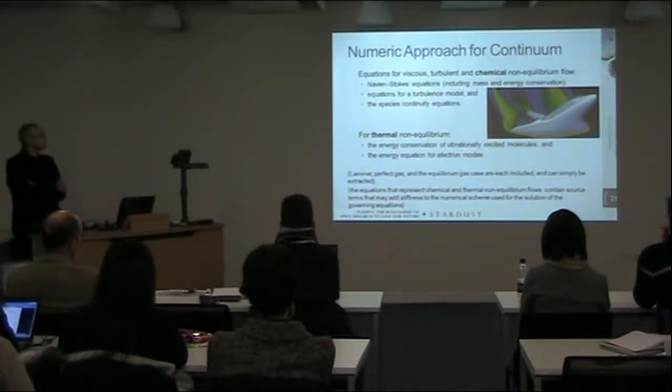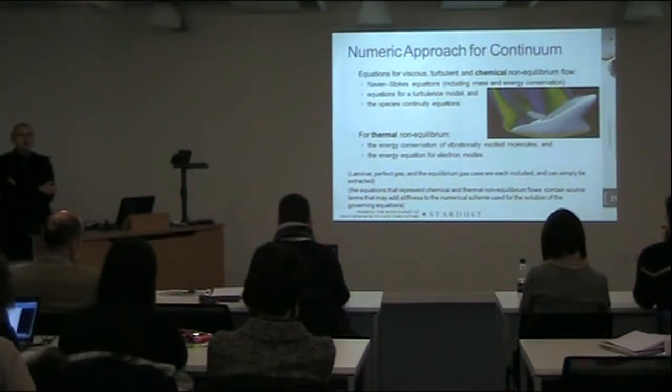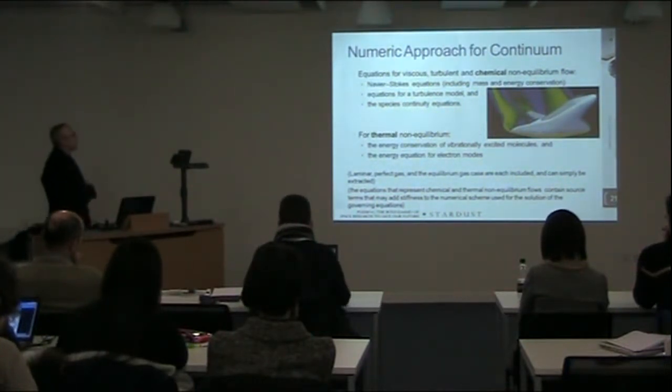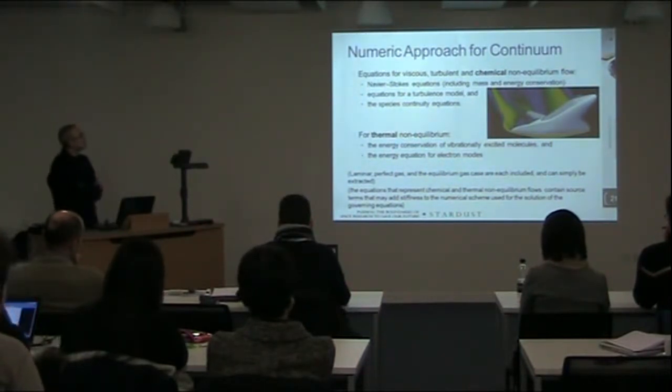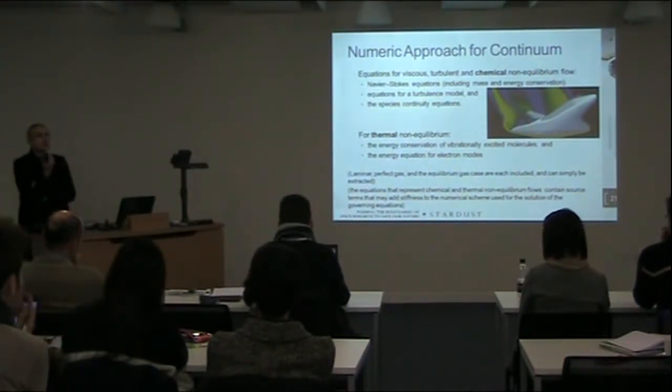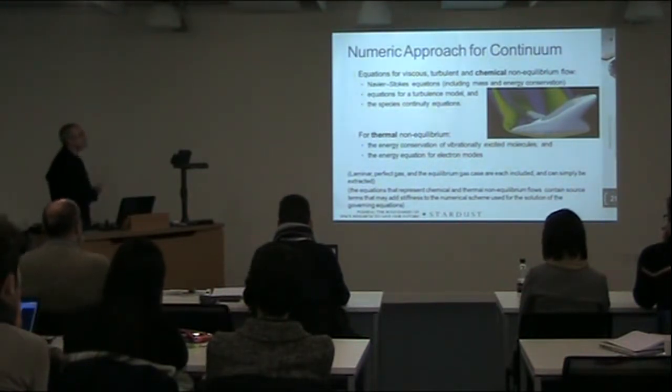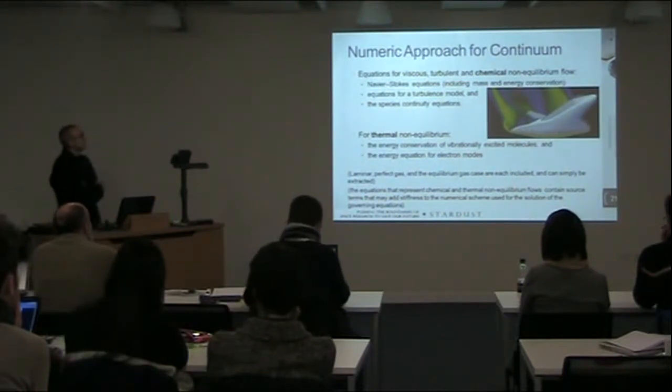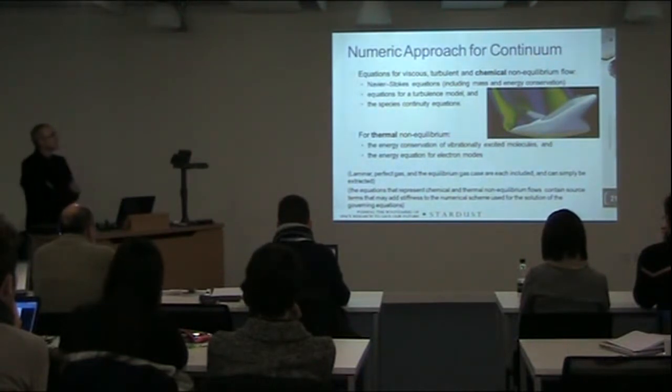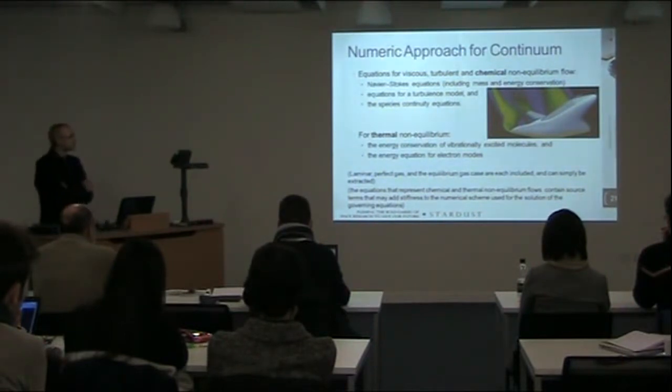I don't give you the equations here, but the general approach is this: if we have a general viscous, turbulent flow in chemical non-equilibrium, what we have to solve is a system described by the standard Navier-Stokes equations, plus, in this case, since I consider additional equations for turbulence modeling, I'm talking about Reynolds-averaged Navier-Stokes equations.